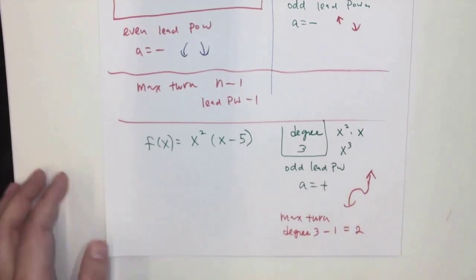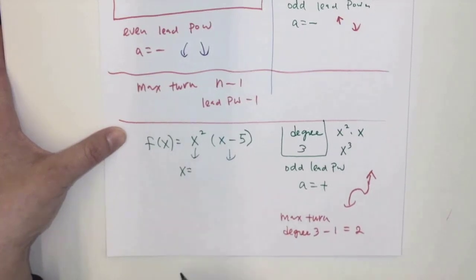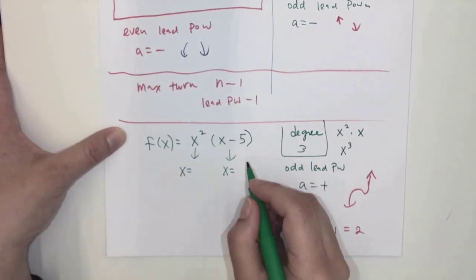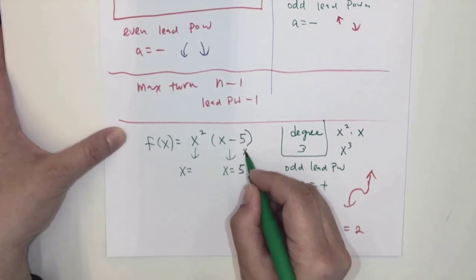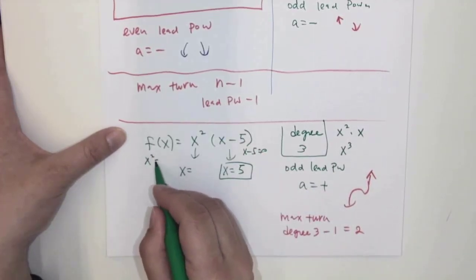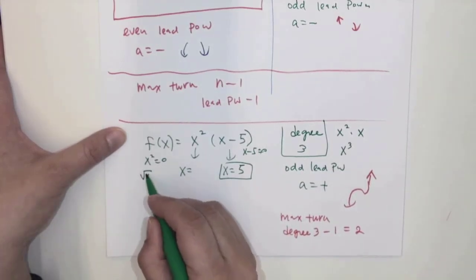Very last piece of information. So if I solve for x, this x equal to what? And this x equal to what? There are 2 x-intercepts here. This is x equal to 5, because x minus 5 equal to 0, x equal to 5, right? This is x squared equal to 0. If I solve for x, take the square root of both sides.